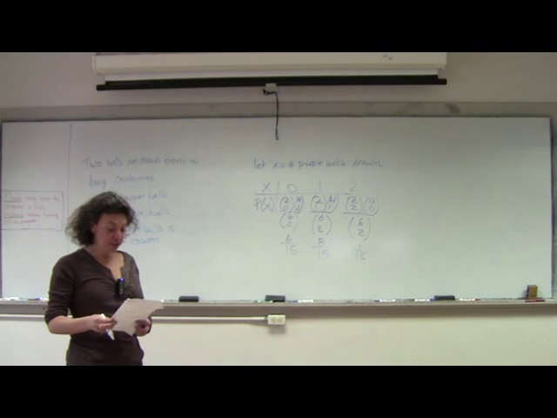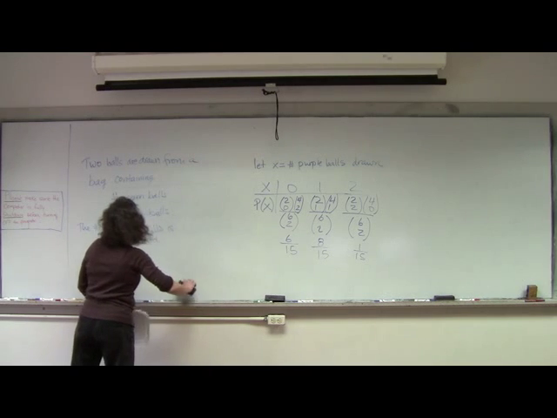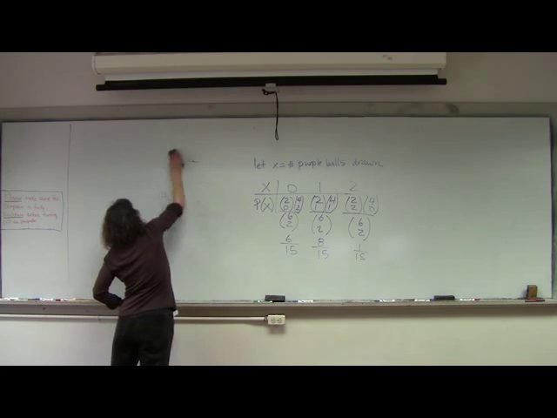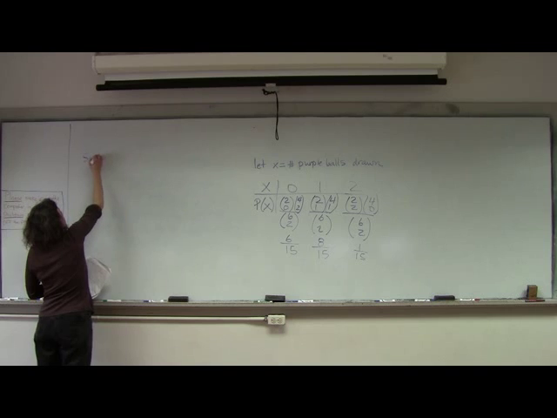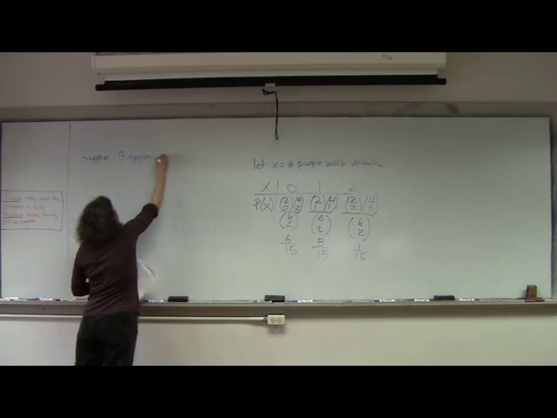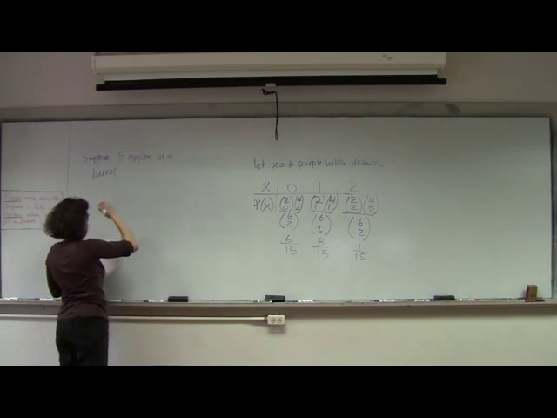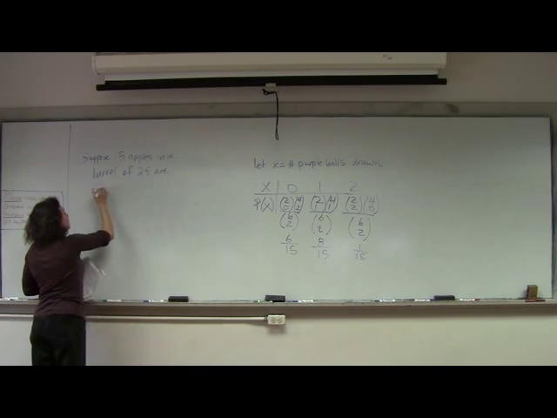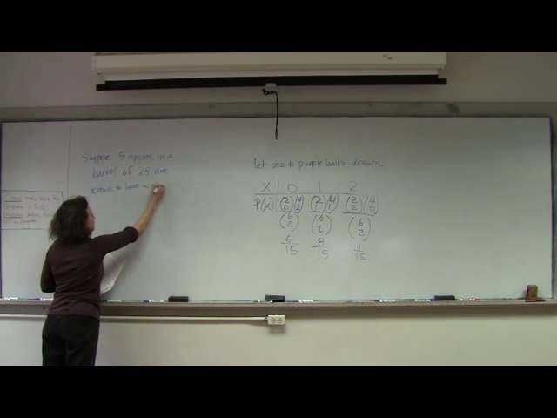Okay, now let's do a little bit bigger of an example. It's not a lot bigger. In this case, what if I tell you, suppose 5 apples in a barrel of 25 are known to have worms.